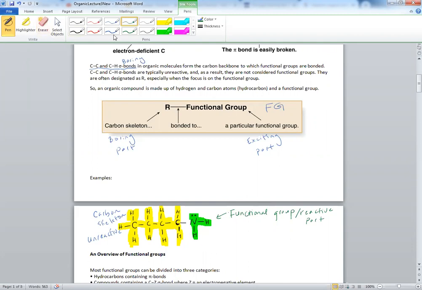Well, we know that nitrogen is more electronegative. So in this case, we're going to put the delta minus on N, and of course, put the delta plus on this C right here. So number one is that N makes the adjacent carbon delta plus, or electron deficient.